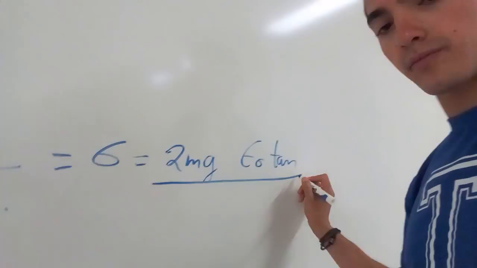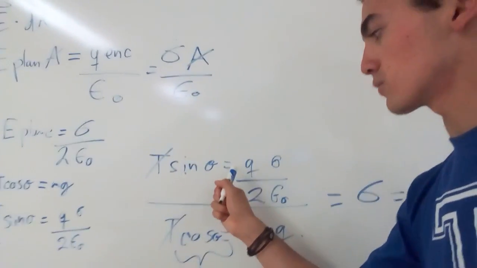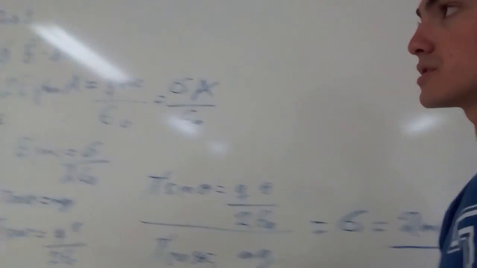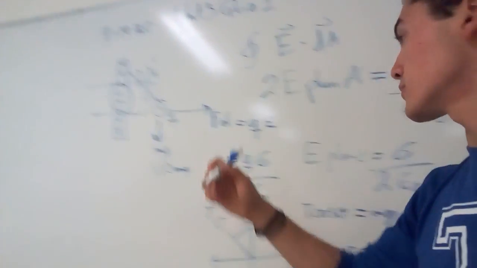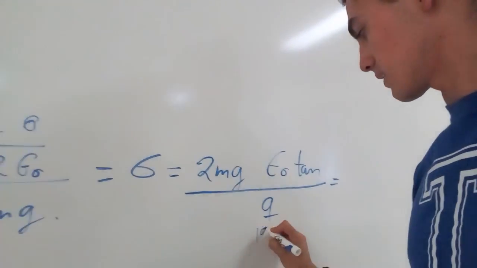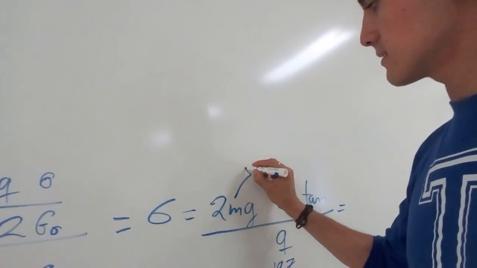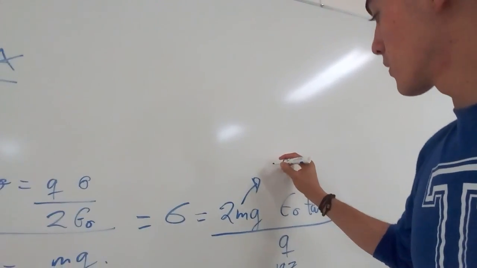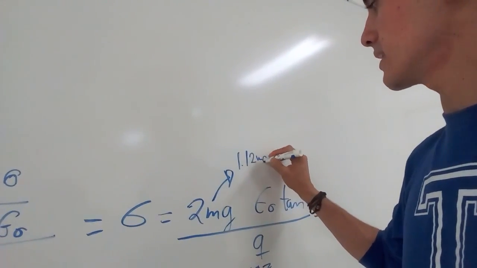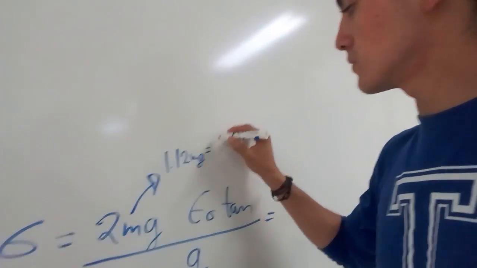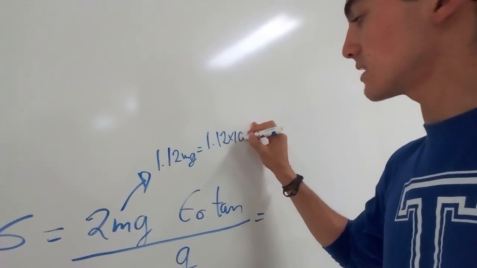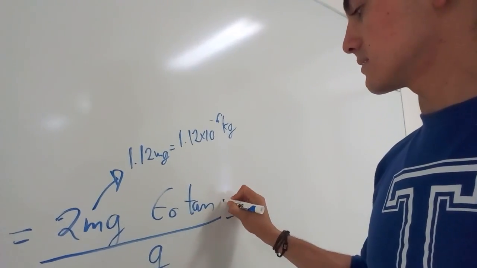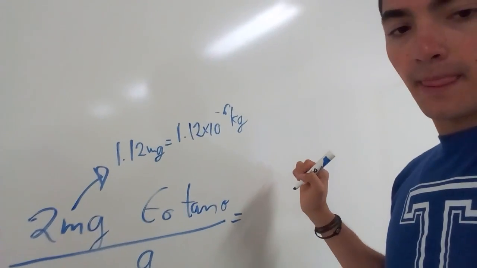over our charge, that was this one. And we have that the charge was equal to 19.7. The mass was equal to 1.12 milligrams, that is equal to 1.12 times 10 to the minus 6 kilograms, and the tangent of theta.